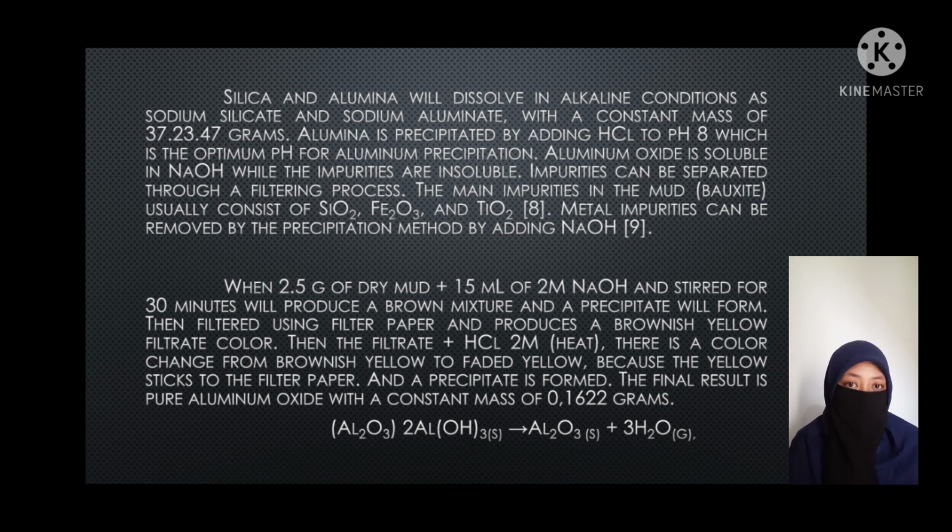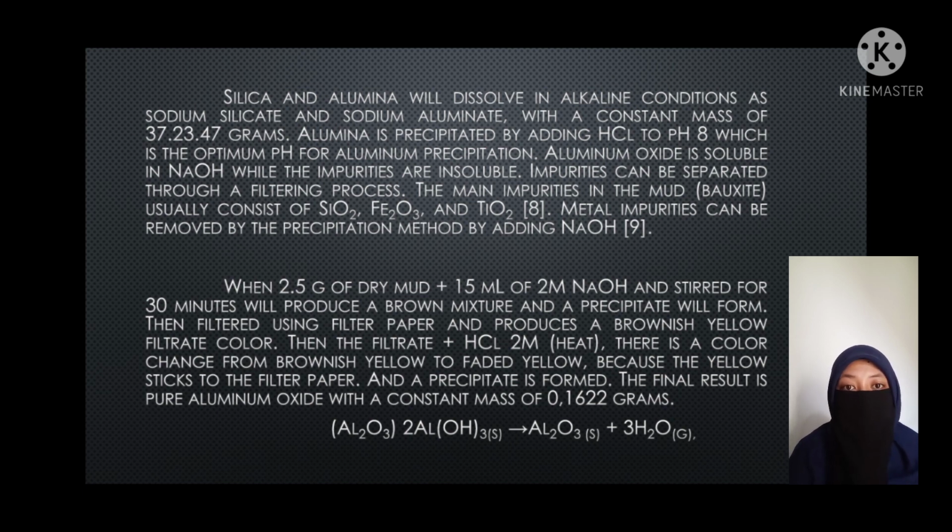Alumina is precipitated by adding HCl to pH 8, which is the optimum pH for aluminum precipitation. Aluminum oxide is soluble in NaOH while the impurities are insoluble. Impurities can be separated through a filtering process.